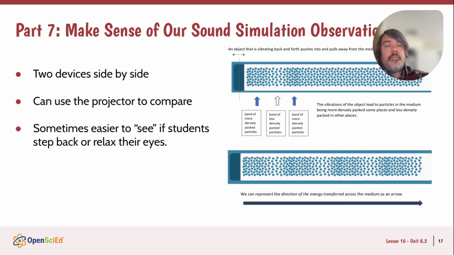So sometimes I found it easy to ask students to relax their eyes or step back from their computer and see the pattern as a whole to help them see that there are thicker bands or thinner bands, or there's more of them, as they're trying to figure out some of the patterns related to amplitude and frequency.